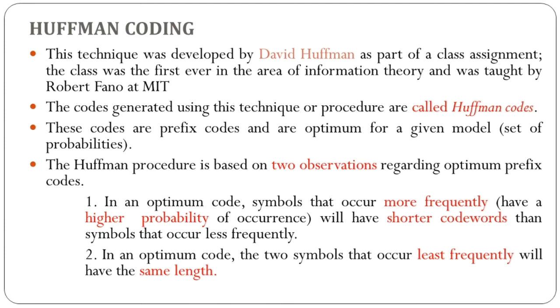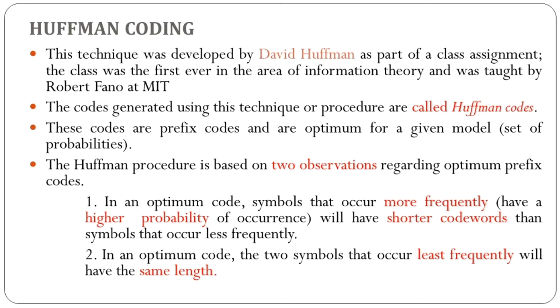These codes are prefix codes and are optimum for a given model, that is, a set of probabilities. The Huffman procedure is based on two observations regarding optimum prefix codes. The first observation is that in an optimum code, symbols that occur more frequently have a higher probability of occurrence and will have a shorter code word than the symbols that occur less frequently.